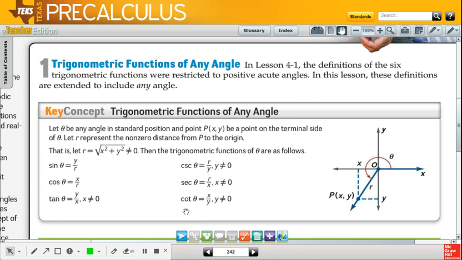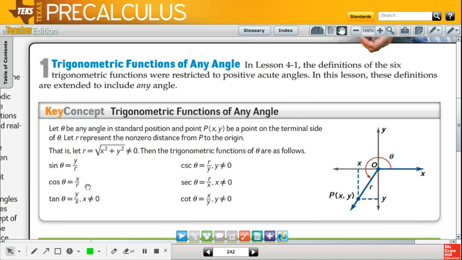Cotangent theta equals x divided by y, where y does not equal 0. Now, how come for these three functions it's declared that y and x cannot be 0? Because we see that x and y are in the denominators, versus over here, how come r was not declared as not equal to 0?